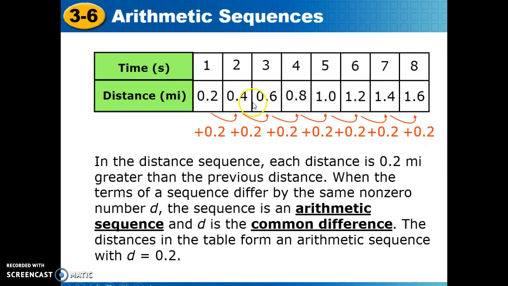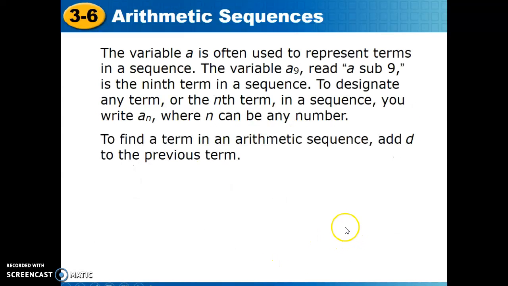2/10 greater each time. When the terms of a sequence differ by the same non-zero number, d, the sequence is arithmetic, and d is the common difference. The distances in the table form an arithmetic sequence with a common difference of 2/10. The variable a is often used to represent terms in a sequence.